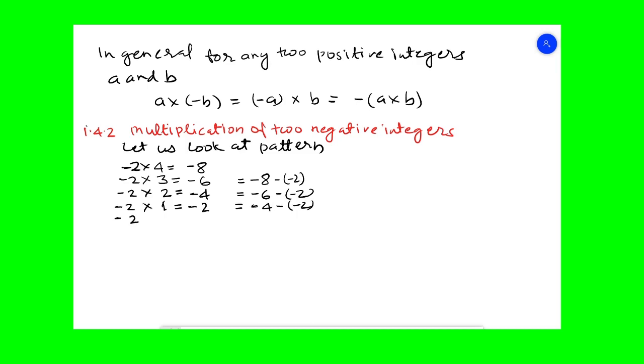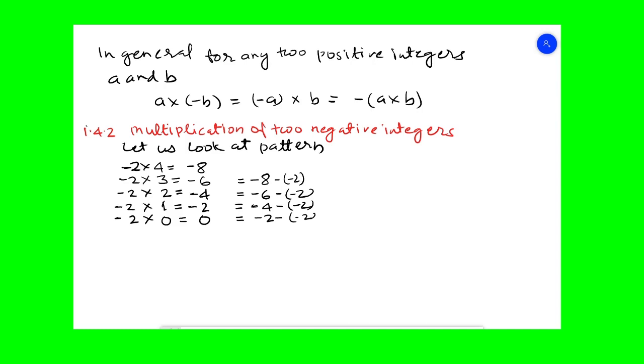Then minus 2 multiplied by 0. I am reducing gradually. So from 1 we have come to 0. Minus 2 multiplied by 0 equals 0. Now our previous figure was minus 2, and again I am taking the minus 2 as usual: minus 2 minus within brackets minus 2.